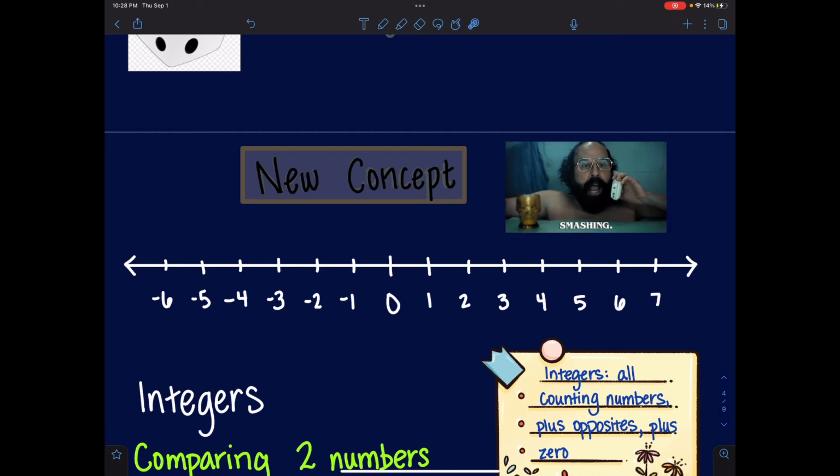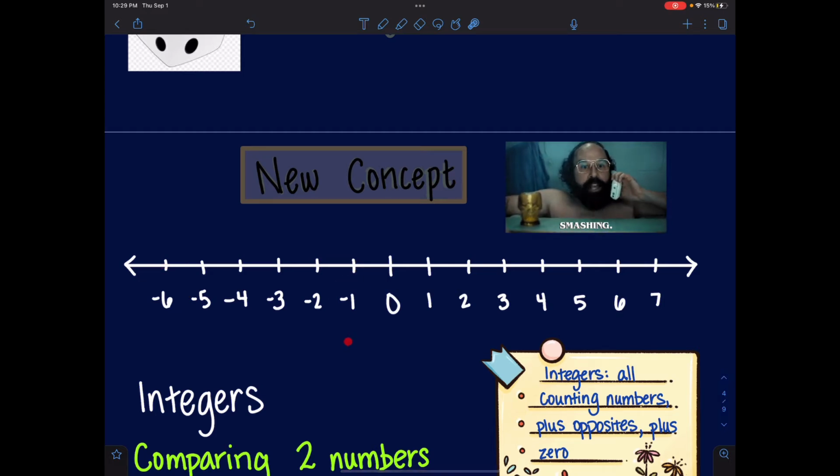What else? Okay, the next paragraph, so if you're following along on page 22, it basically points out that the more to the left you go on the number line, the less the number is. And that's kind of confusing sometimes because -6 is less of a number than -1. You have less stuff if you have -6 of it.